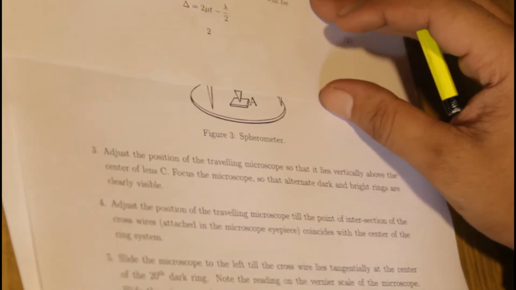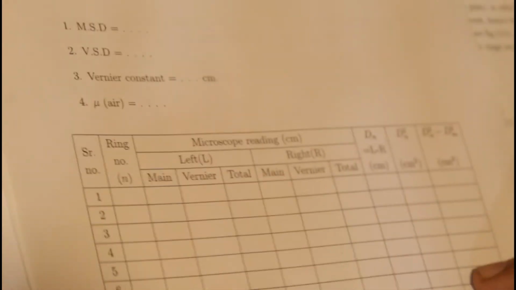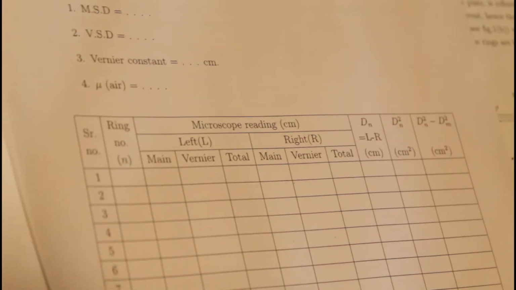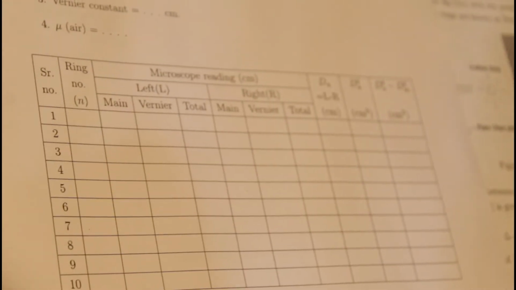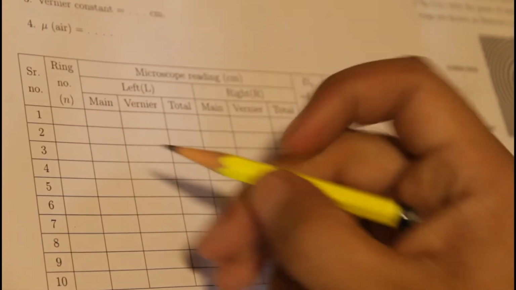So let me show you the table here. We have already observed this type of photograph in the telescope, and now, according to this table, we have to measure the length of the particular fringe from the center. In this table we have 10 entries.